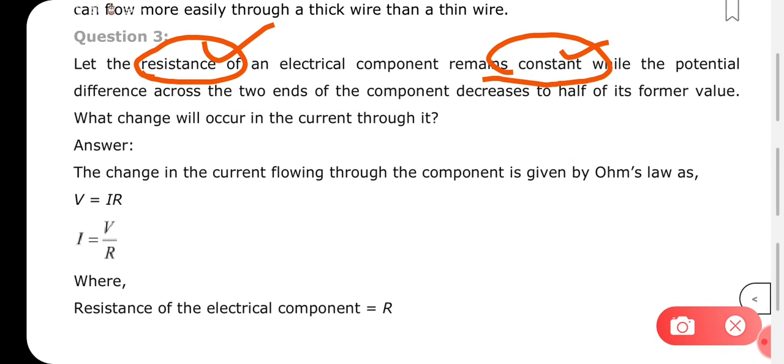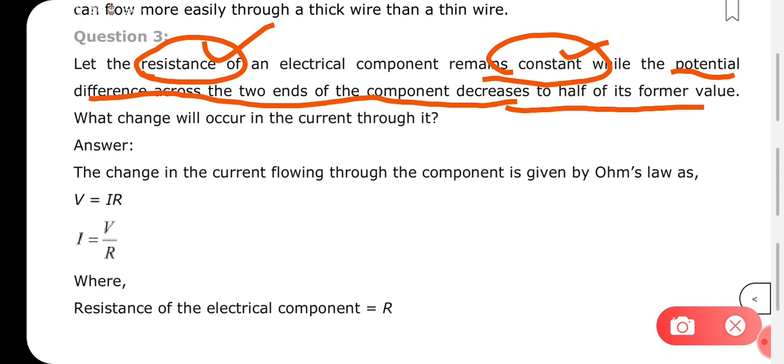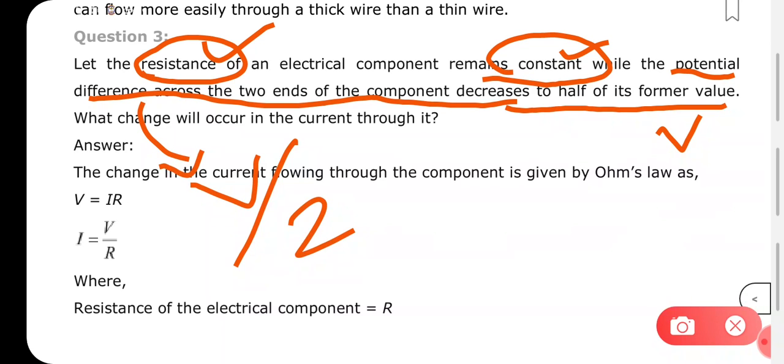Then it is given that the potential difference across the two ends of the component decreases to half of its former value. I told you former value means previous value, so let it be V, but this is changing. The potential difference is becoming half of the former value, so V divided by 2.